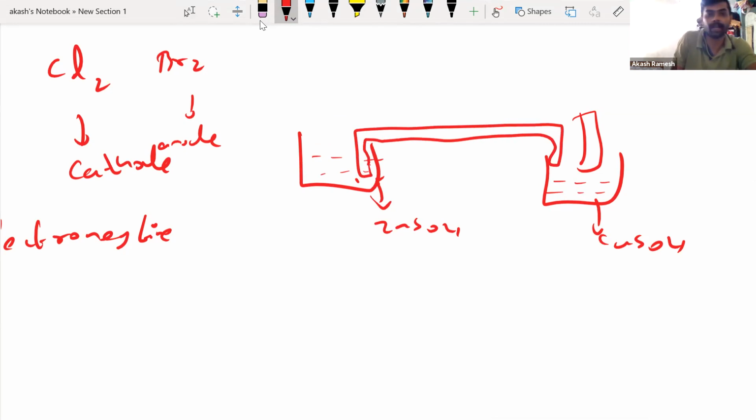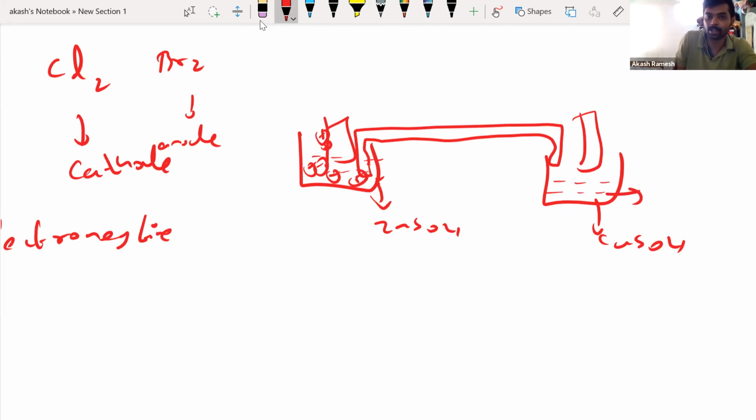Okay, now what is happening? Zinc rod is losing electrons, so the zinc rod is losing negative charge, so the zinc rod will be positive. But the surrounding solution will be negative, correct? Now in this case, copper 2 plus is accepting electrons, correct?